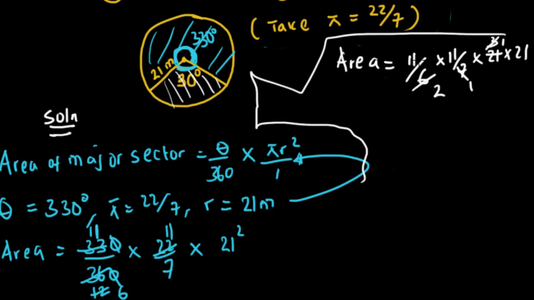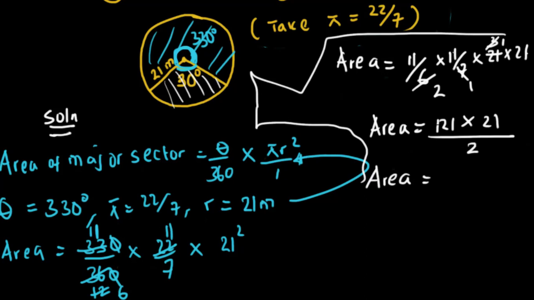So we have 11 times 11 times 21 divided by 2. So area equals 11 times 11, which gives us 121. So we have 121 times 21 all over 2. So area equals 121 times 21, which should give us 2541 all over 2.